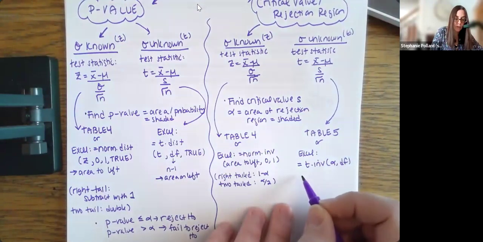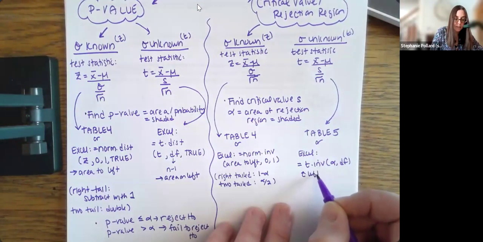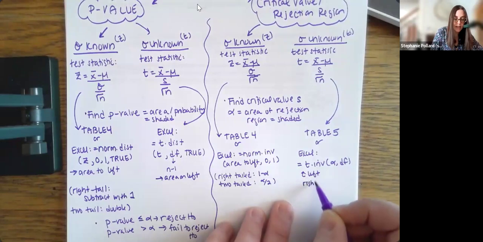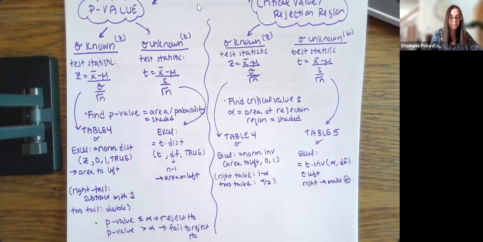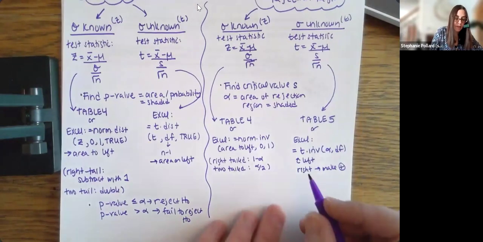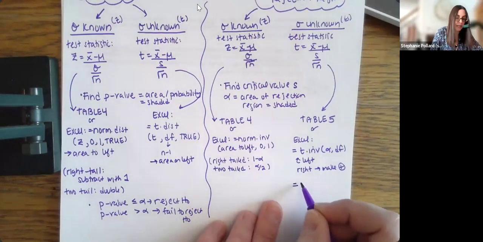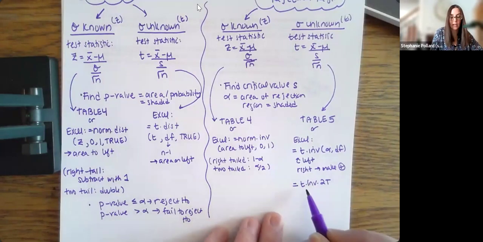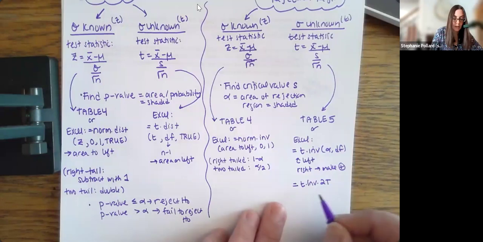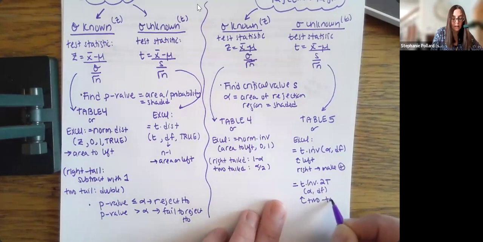This works for a left-tail test. And if you have a right-tail test, what you can do is just make your answer there positive instead. If you have a two-tailed test, there's actually an easier formula to use. It's very similar, but it's T.INV.2T. Again, you enter your alpha and degrees of freedom, and this is good for a two-tailed test.